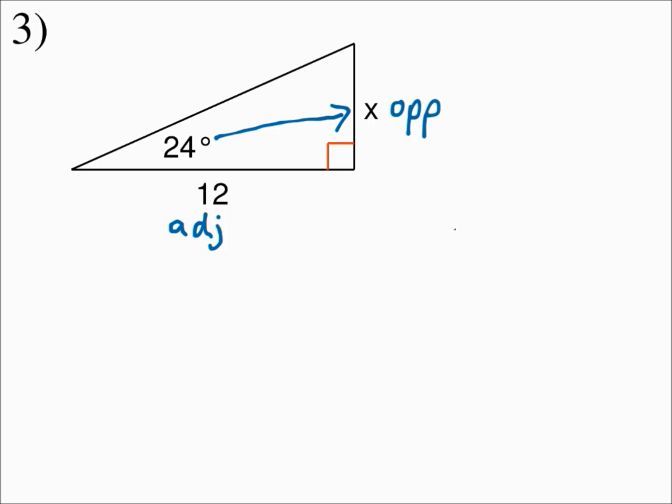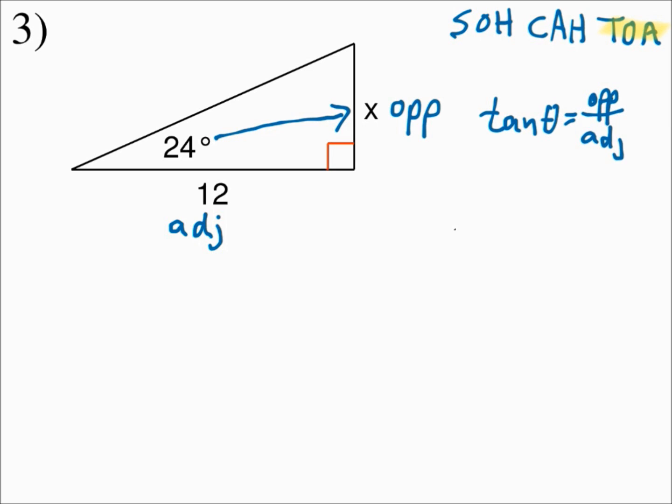Always determine the opposite, adjacent, and hypotenuse based on the acute angle you're working with. Now, do I use sine, cosine, or tangent? Remember SOHCAHTOA. Opposite and adjacent, OA, that'll be tangent. Tangent theta equals opposite over adjacent.